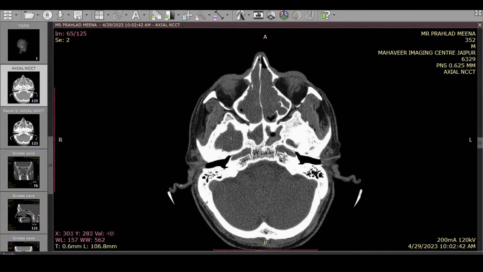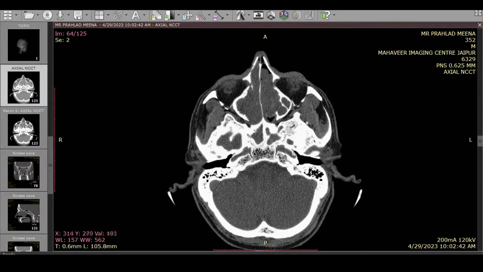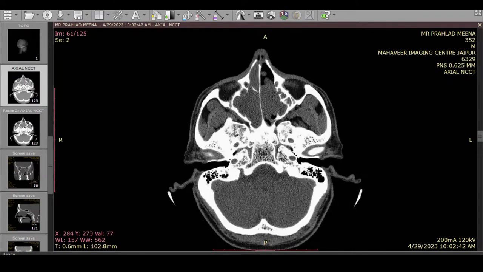See, this is the carotid artery running over the foramen lacerum. Above is the carotid artery, below is the foramen lacerum, and from here it communicates through the vidian canal to the pterygopalatine fossa. I hope it is very clear. So let's start the second one.